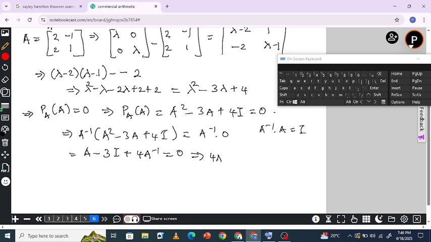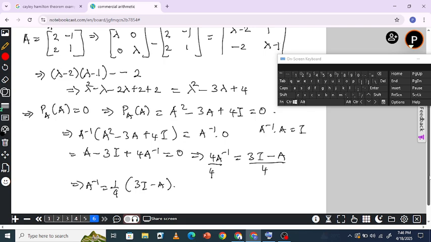That means we will have 4A inverse is equal to 3I minus A. A is positive here; when it crosses the equals sign, it becomes negative. And now we divide by 4. So A inverse is equal to a quarter into 3I minus A.